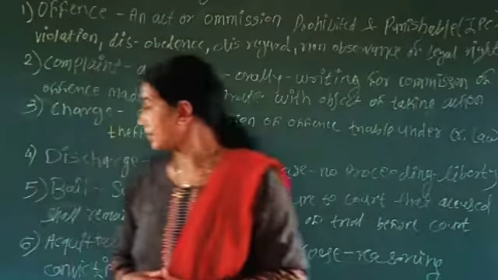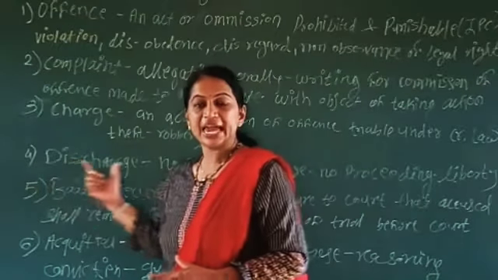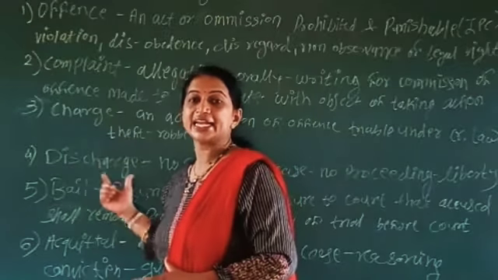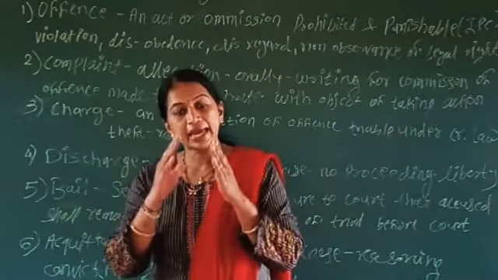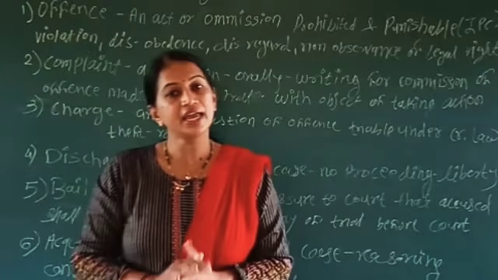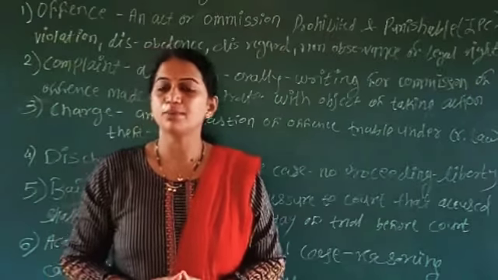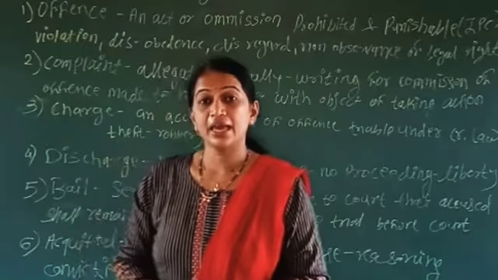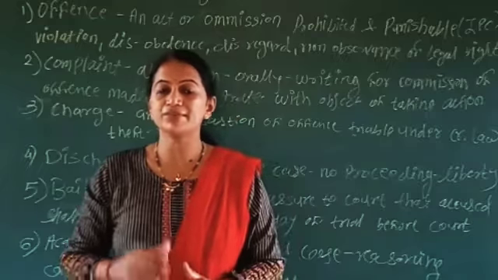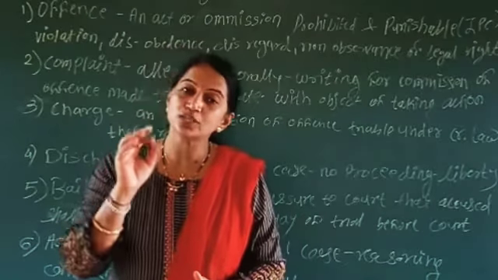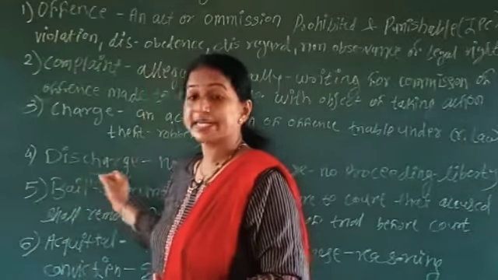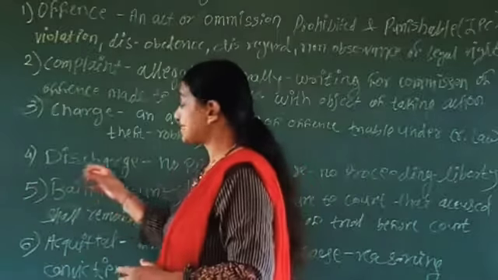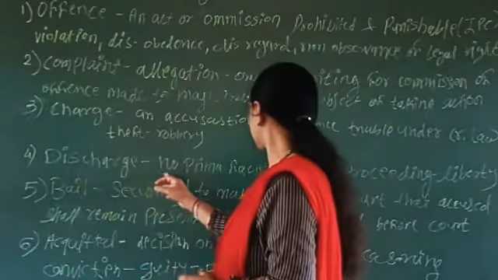I will repeat once again. If a particular accusation or charge is made against an accused person and that accused person is brought before the court, and after examining the evidences submitted by both parties, meaning the prosecution or complainant and the accused person, and after hearing both of the parties, if the court considers that there is no sufficient ground to proceed against the accused person, at that time the court discharges that particular accused person.